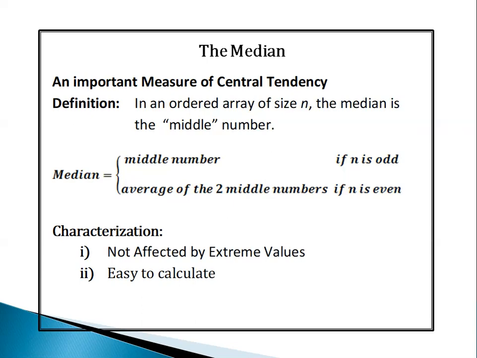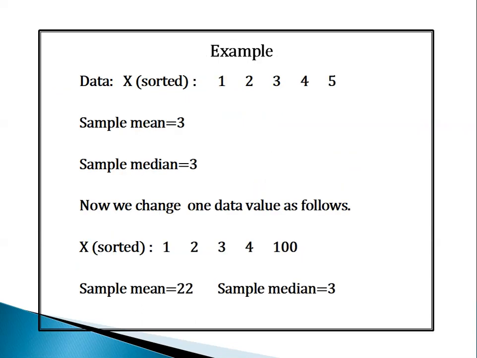If it is even, the middle two numbers are taken, summed, and divided by two. Its characteristics are that it is not affected by extreme values and is easy to calculate.